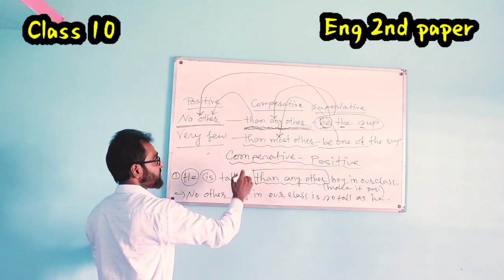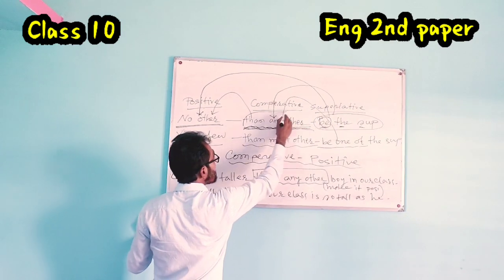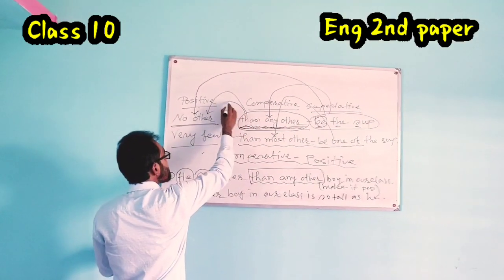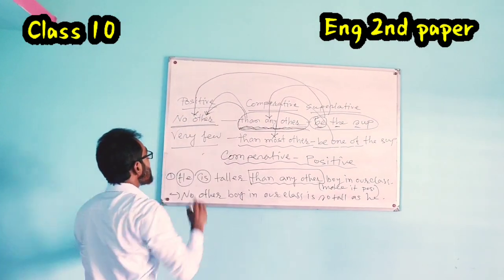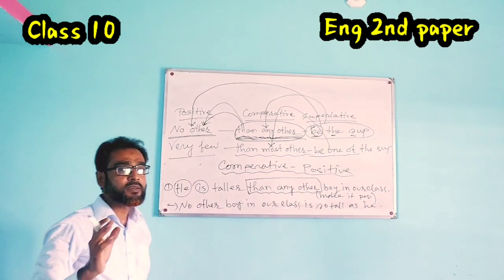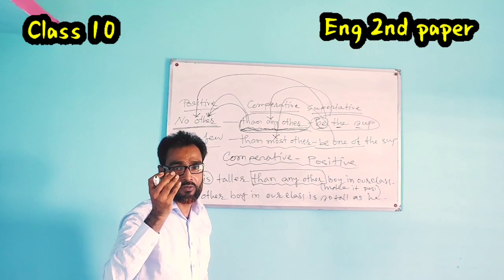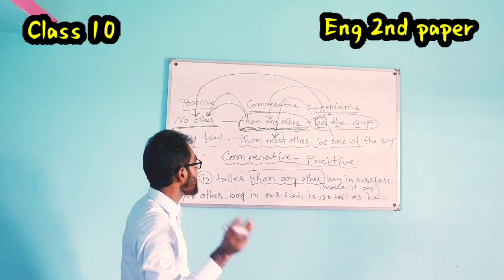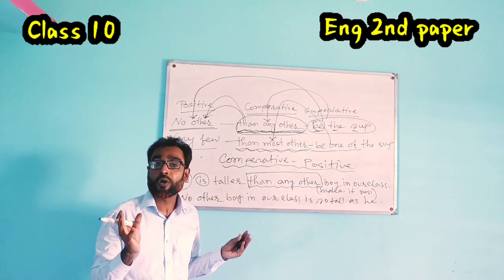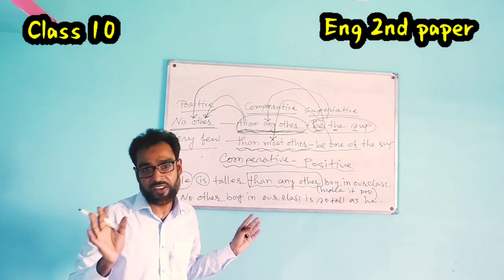That is, whenever we find a sentence with than any other, if we want to transform it to positive, we need no other. Dear student, please think yourself. If you find a sentence with than most other, what will you do? This is very easy.